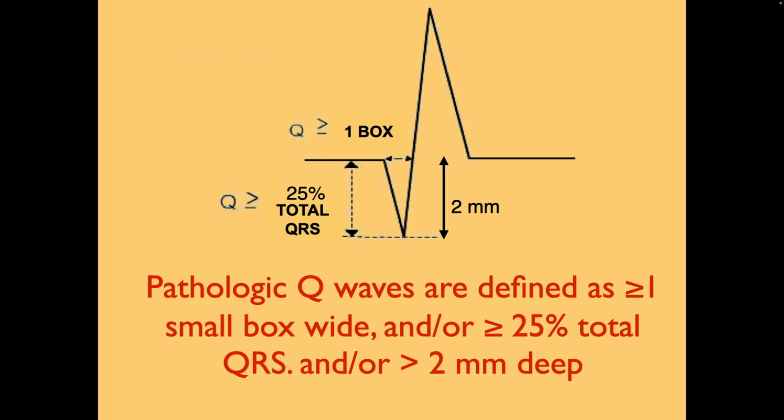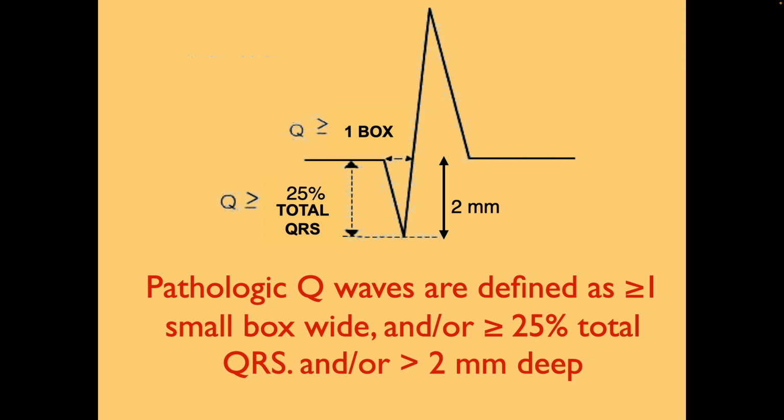The first one is width. We look at the top of the Q and just measure across from the beginning of the Q, just straight across, a horizontal line. And if that, between here and here, is greater than or equal to one small box, we consider that abnormal. We consider that too large.